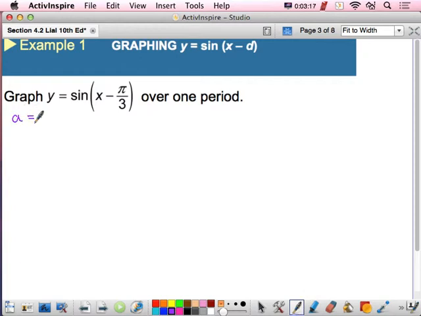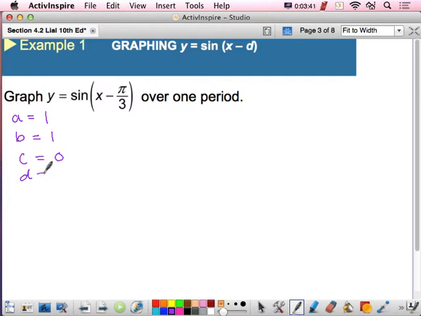It's understood to be the coefficient of the trig function. So what's in front of the sine here is an understood 1. Little b is what's in front of your x. So what's in front of the x? A 1. Little c is what is added or subtracted in the very front. 0. So c in this case is 0.